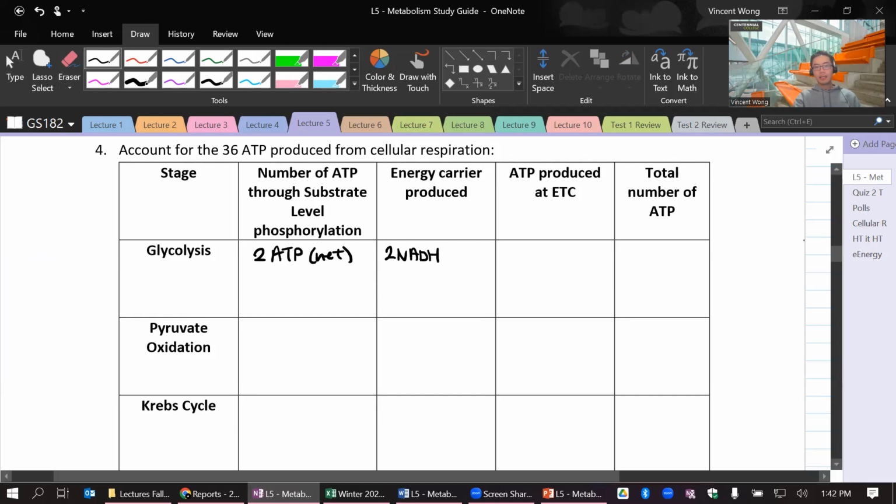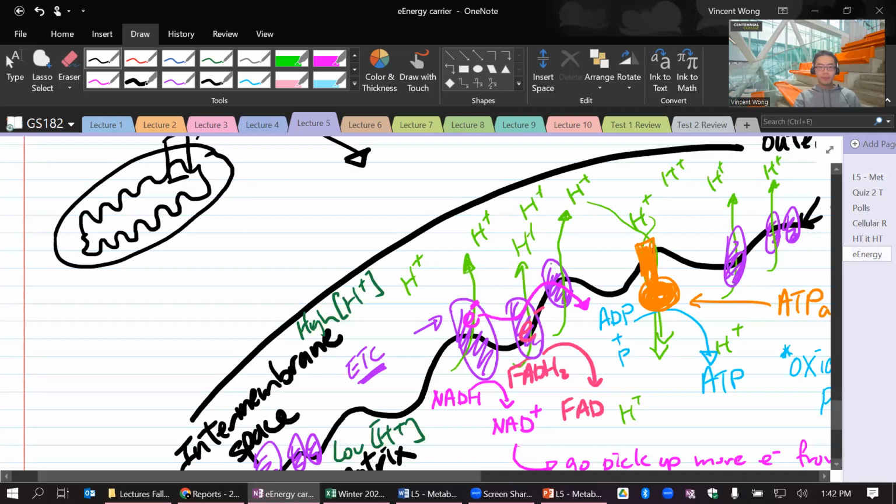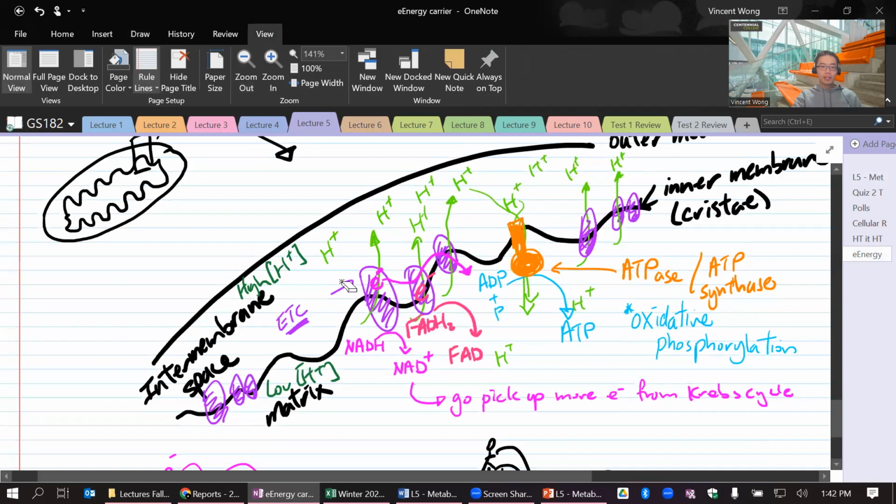Now, these NADH are actually produced in the cytoplasm. That's where glycolysis takes place. So let's go back to our diagram here. This is the mitochondria, and this is the cytoplasm. So from glycolysis, you created these NADH.